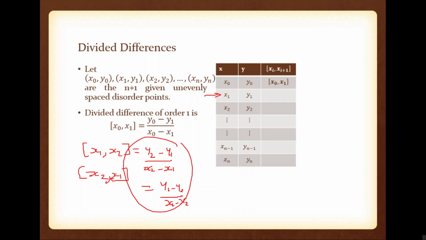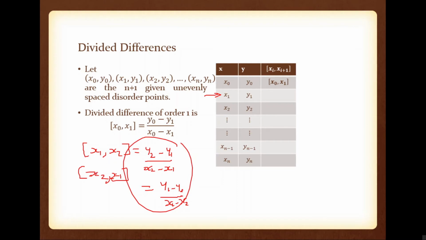Both are correct. So the direction of the divided difference is not important here. Whether it is from top to bottom or bottom to top, both give the same value. Is it okay, all of you? So don't worry about whether it is x1, comma x2 or x2, comma x1. Both will give the same value.